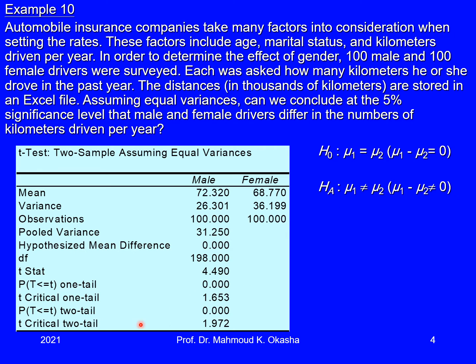So for the 2-tailed test, the p-value is around 0, and the critical 2-tailed t or z is 1.972, which is much less than the computed t statistic, which is 4.49.